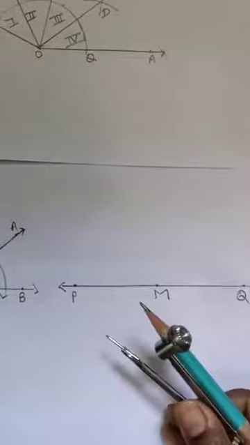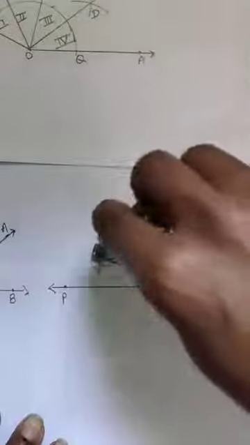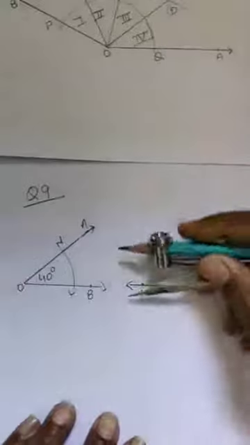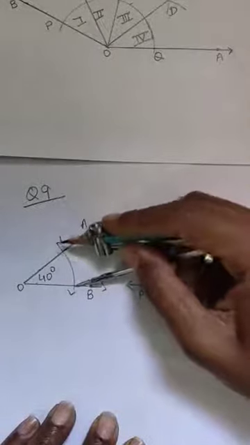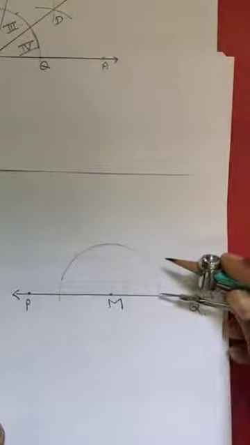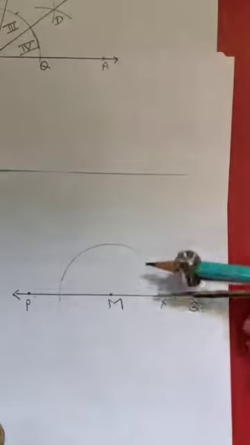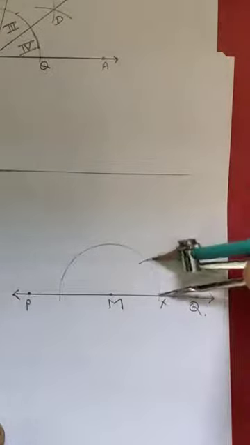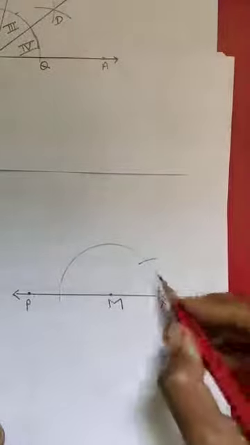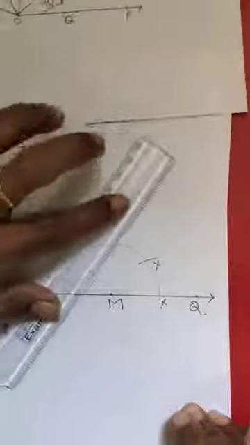Now with the same compass setting, draw one arc with M in the same way. Okay, open your compass now equal to length LN. Now with this point, let us give it name X. Now with X point, draw an arc which cut the previous arc at Y. Join MY.